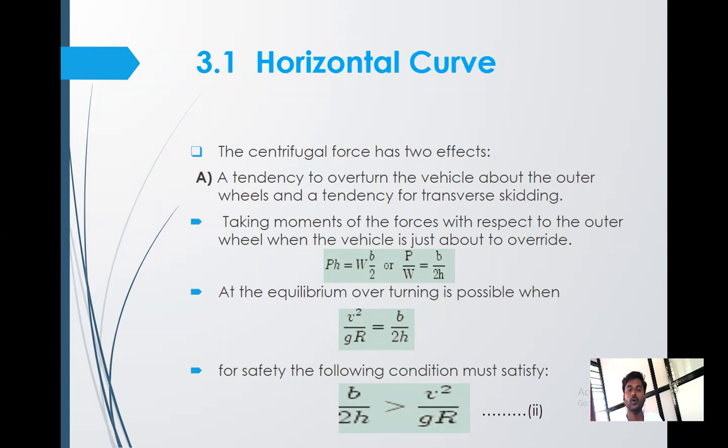What we have done is taken the moments of all the forces acting on the vehicle about the outer wheel. Then the final equation will come as P into H is equal to W into B by 2, or P by W is equal to B by 2H. At the equilibrium, overturning is possible when V square upon GR is equal to B by 2H.